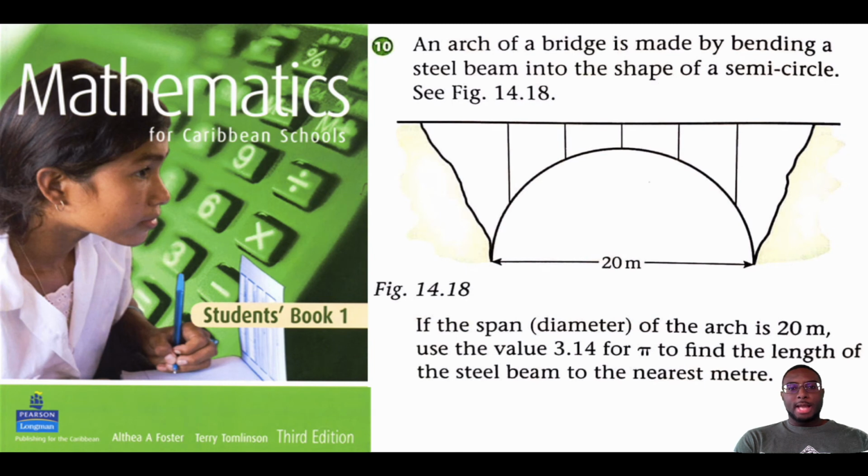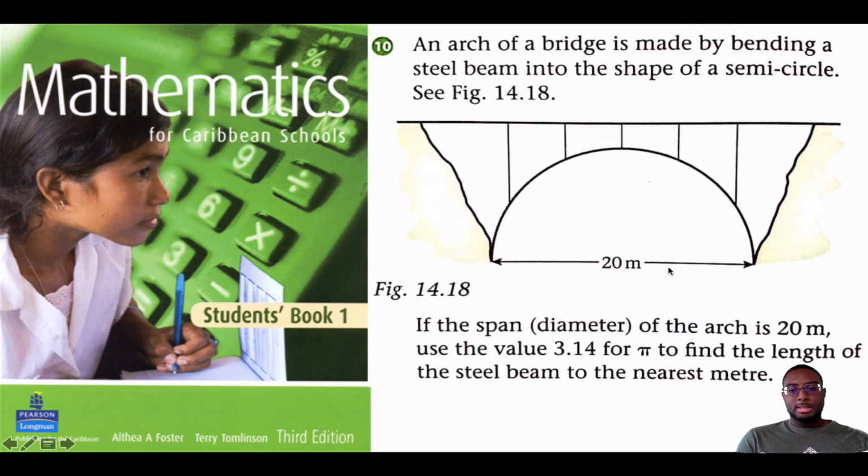Now we're on to the last question, question number 10. This question should not be too difficult for you. It says the arch of a bridge is made by bending a steel beam into the shape of a semicircle, and you have the diagram below to show what they are talking about. You have the bridge, and this is the steel beam that they are referring to.